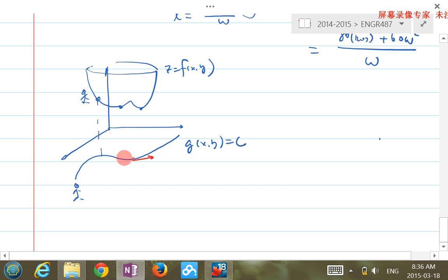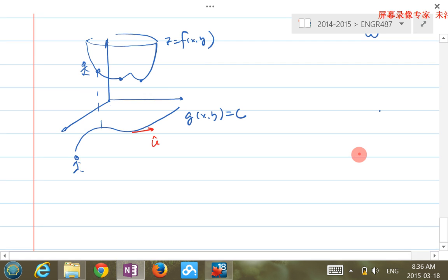It's walking on the curve, so I can use a unit tangent vector representing the direction of walking here. That makes sense, right? So u hat is a tangent vector to the constrained curve, the path.